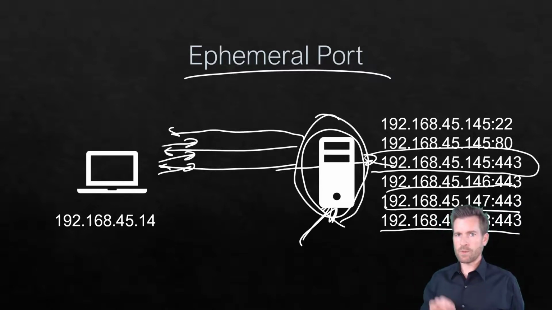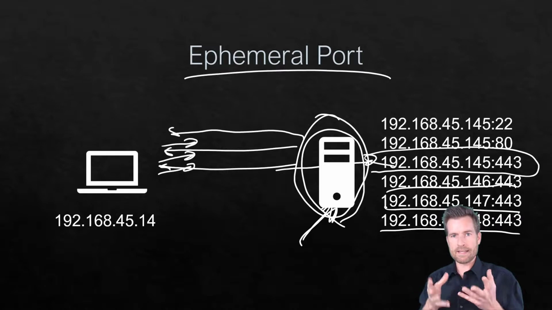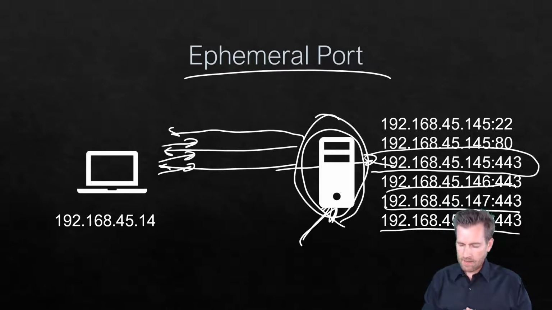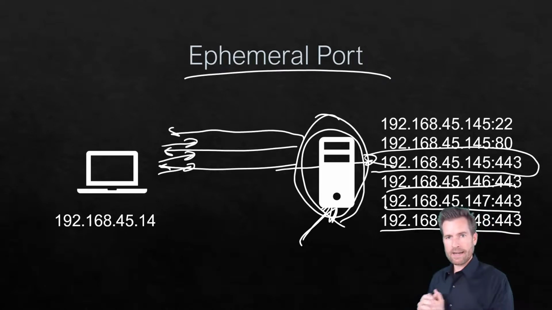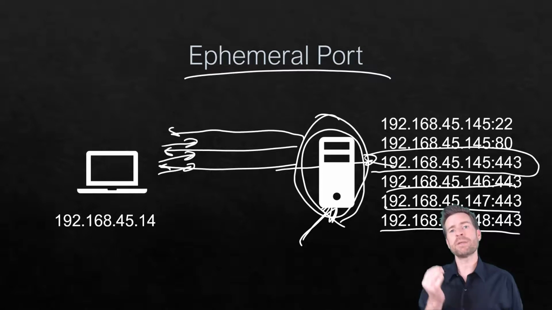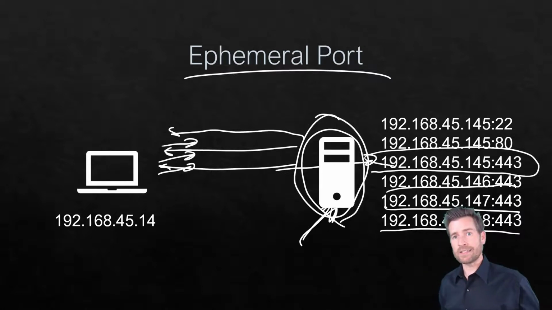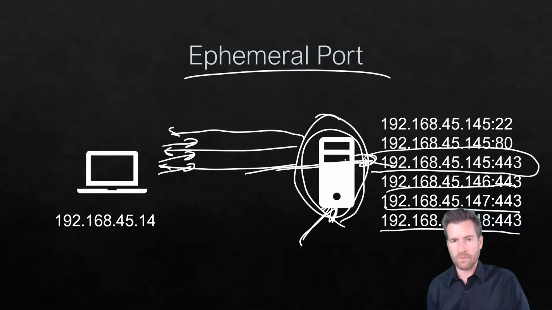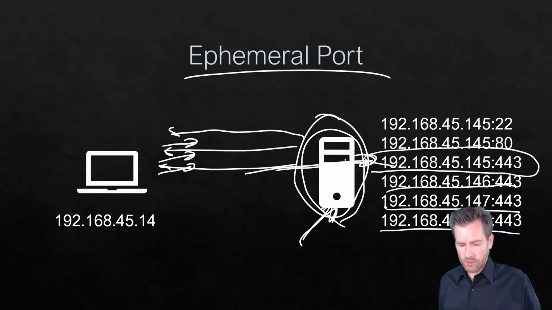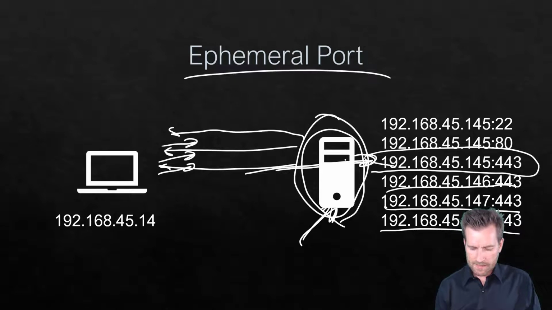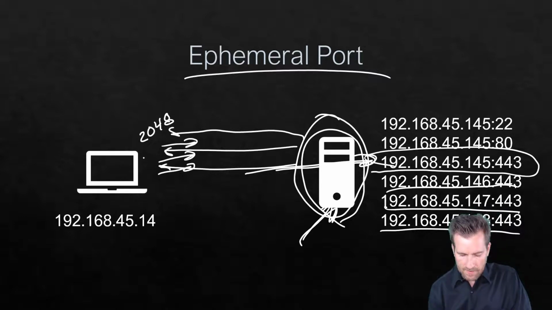So as we take a look at what's in the packet, we'll notice that there is a source port and a destination port. And up until now we've really been addressing the destination port, where we're trying to go. But there is a source port, and let's say this first port right here is 2048.